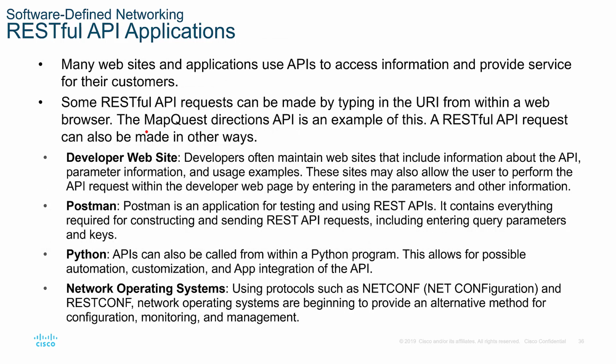We have other RESTful applications. So many websites and applications will use the APIs to access information as well as provide services for their customers. The RESTful API requests are made by typing in the URI from the website. Example like MapQuest with directions. That is a RESTful API so that it can request information. We can also use APIs for development websites, Postman, Python, or other network operating systems.